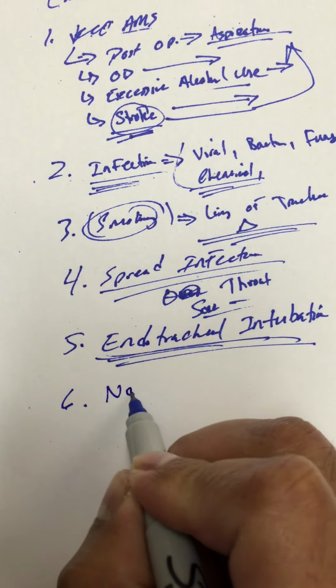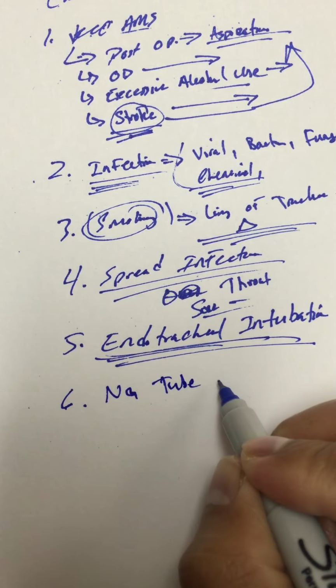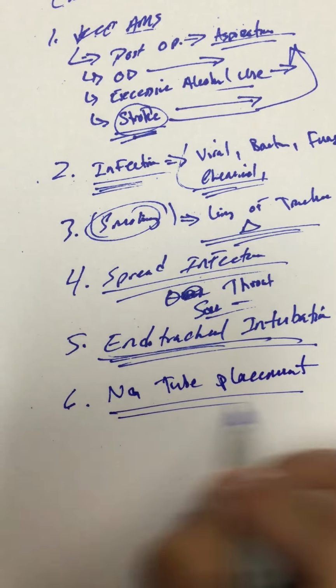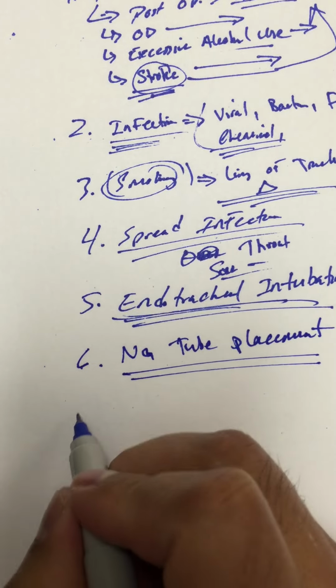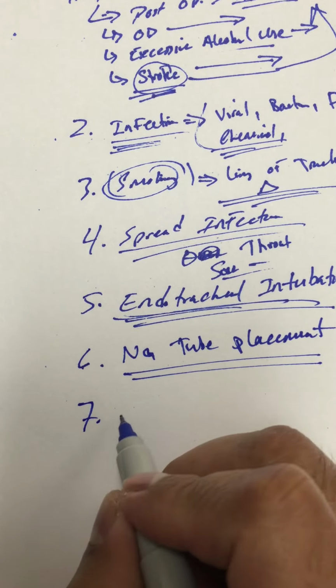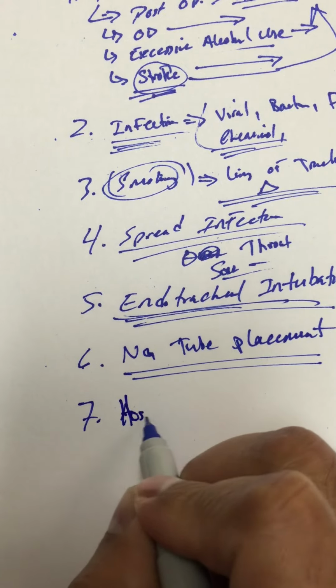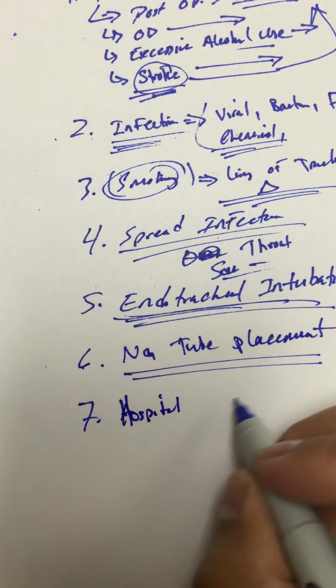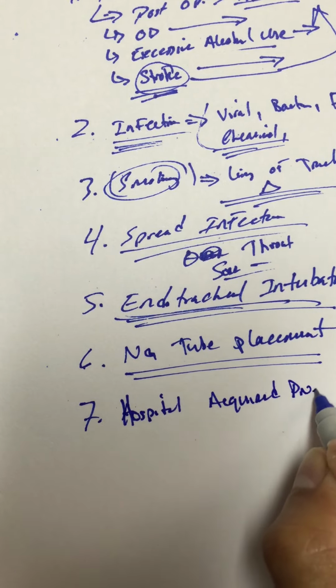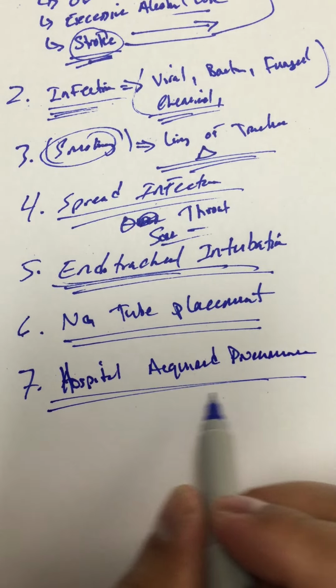Maybe something like an NG tube placement. Maybe some type of hospital acquired pneumonia. You had many sick patients.